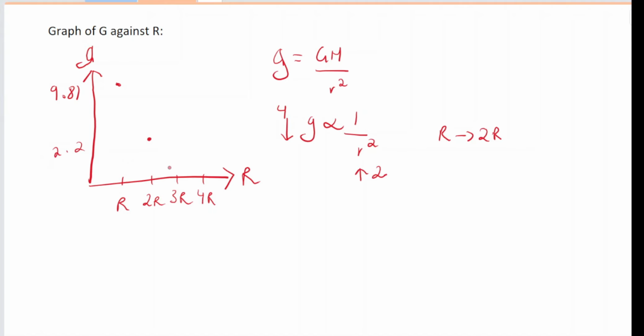Then again, when you go from r to 3r, this will decrease by 9. So you'll do 9.81 divided by 9, and that will come to around 1, right? So this will be somewhere over here. And doing the same process again, you'll see that this graph is a curve which is going downwards like this.